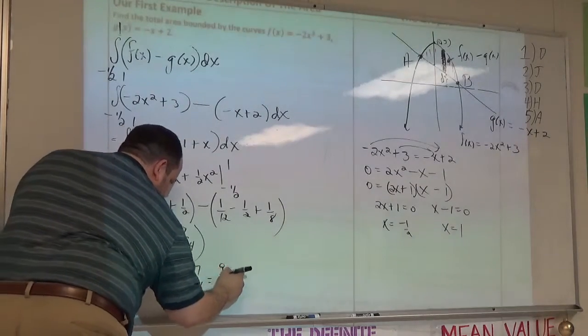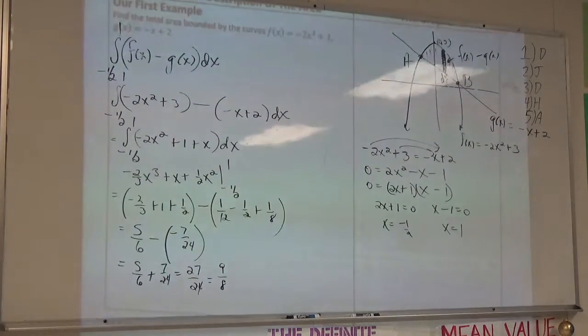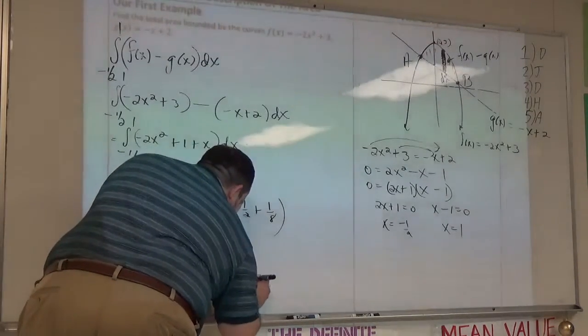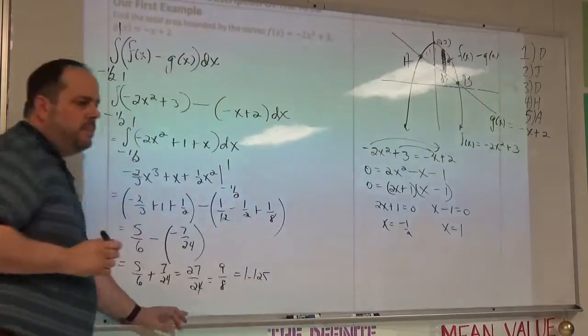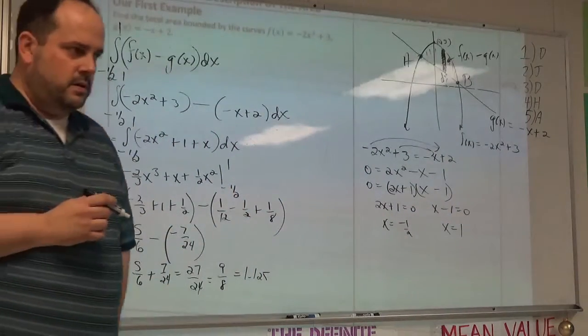I think that's 27 over 24, which is 9 over 8. Better. 1.125? Yeah.